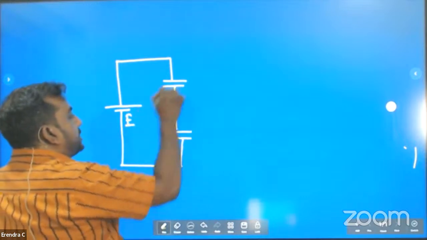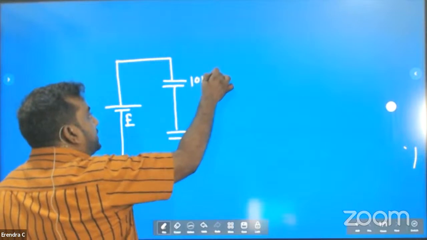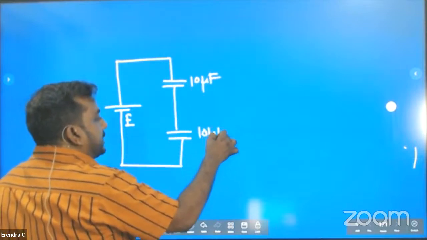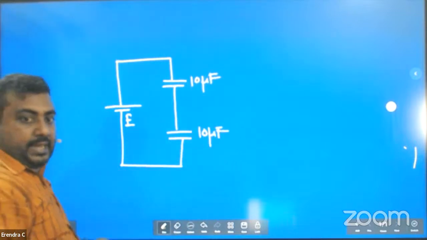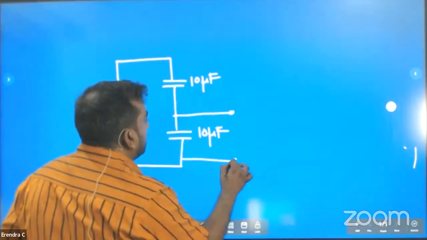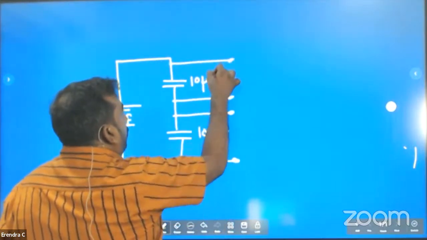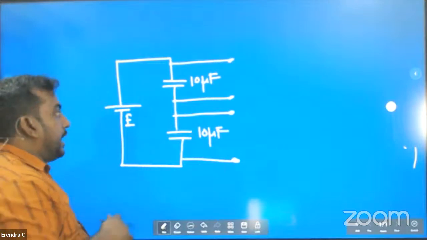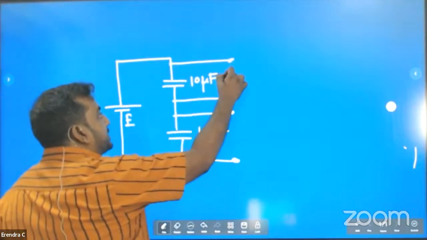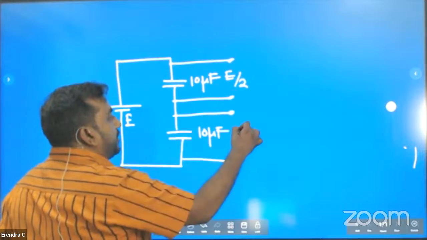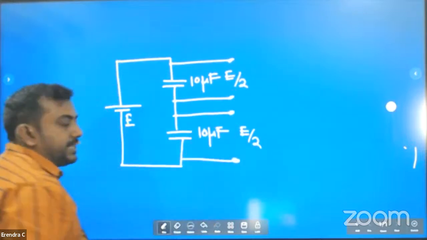Battery EMF is E, 10 microfarad is here, 10 microfarad is here. They want you to find the voltage here. Equal capacitors means voltage here is E over 2, voltage here is also E over 2.